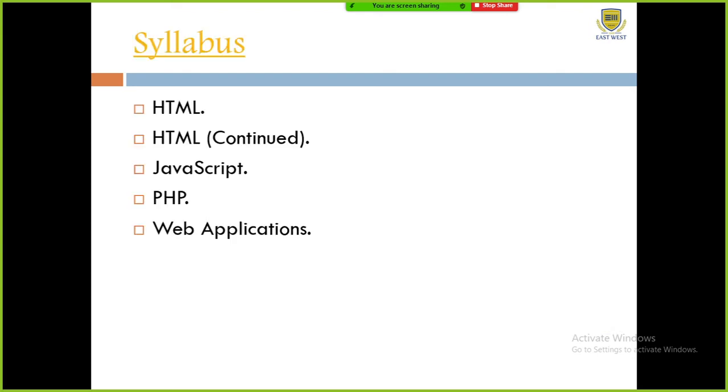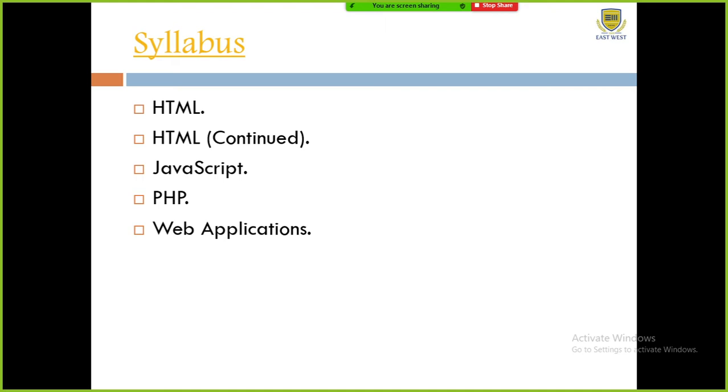Basically, in the syllabus of your course on web technology and applications, we have these 5 modules. The first module is regarding HTML, that is hypertext markup language. In this we will study what HTML is, its syntax, the structure of an HTML document, and a very quick tour of HTML elements.